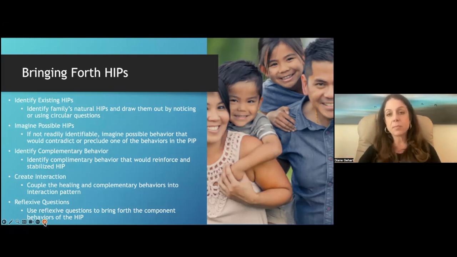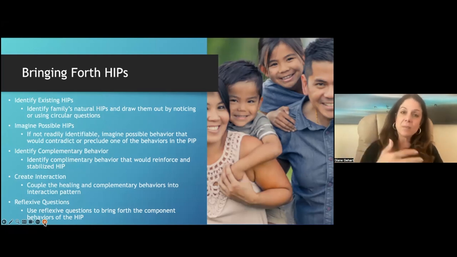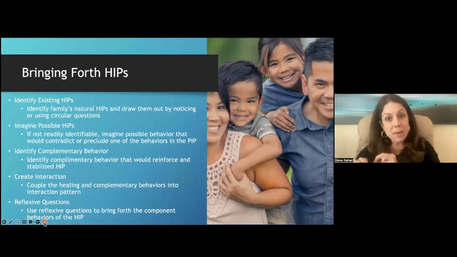So oftentimes with parents, who we generally expect to do the lion's share of shifting some of these interaction patterns, let's say that the negative pattern is a parent gets super critical, I would instruct the parents then to catch their kid doing something well and compliment them. So that would be the opposite.